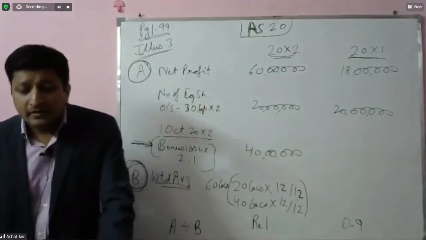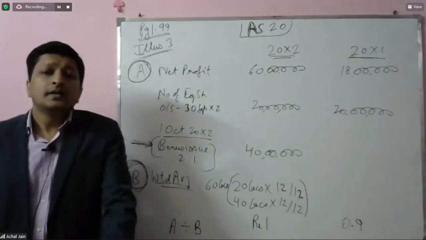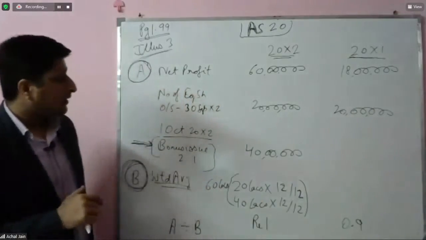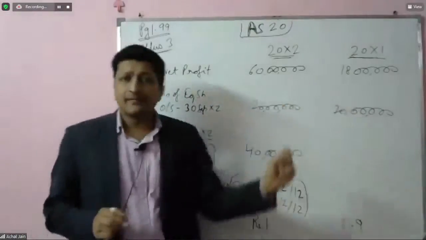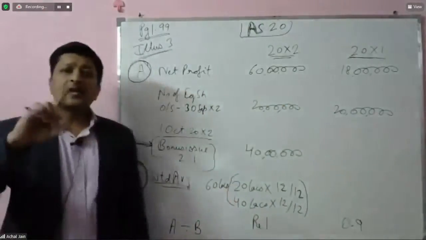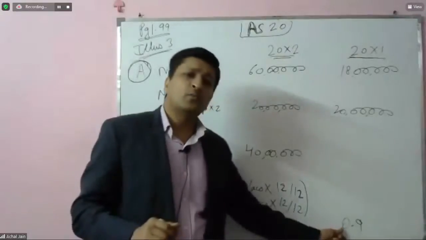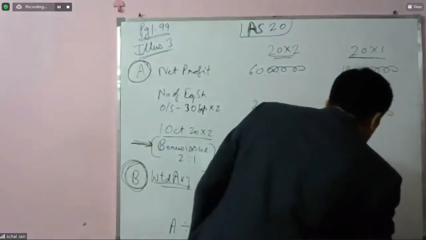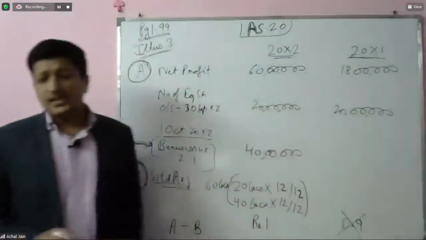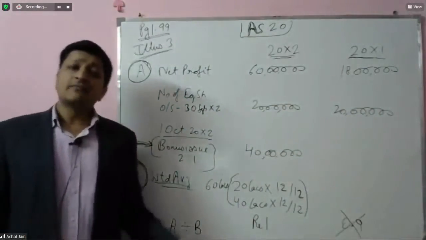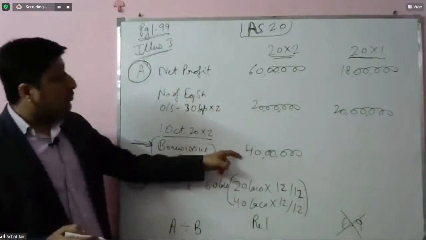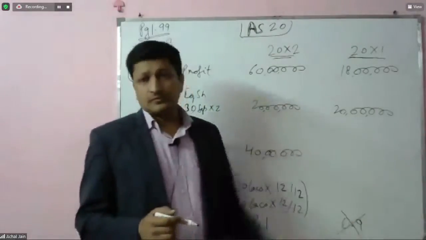Okay, but now, when I draw the P&L, I'll also be showing the comparative. In the comparative, I cannot show my EPS as 0.9. That will be incorrect. I'll have to adjust this EPS by taking this bonus issue to the last year also.